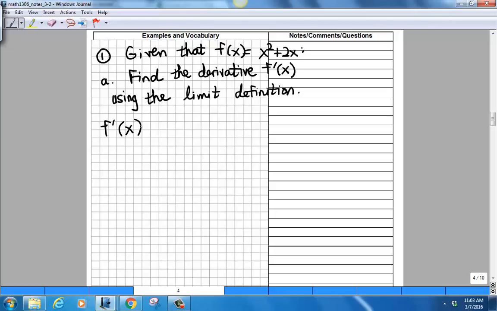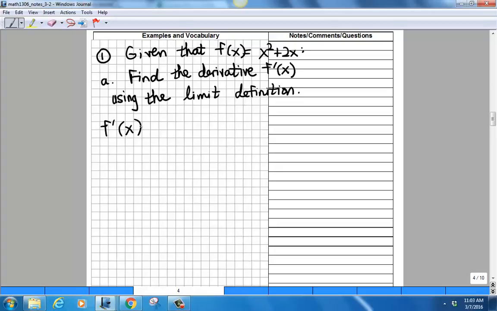So I'm going to calculate the instantaneous rate of change not at a particular input, but I'm going to use a variable here, okay? So I'm not going to plug a particular number in for x, but just use the variable x. So again, we're applying our knowledge of algebra here, all right?